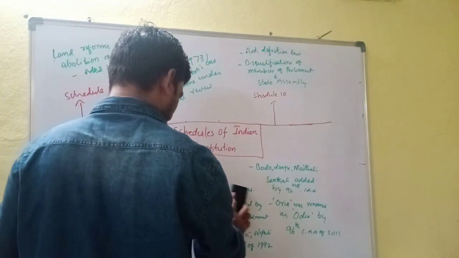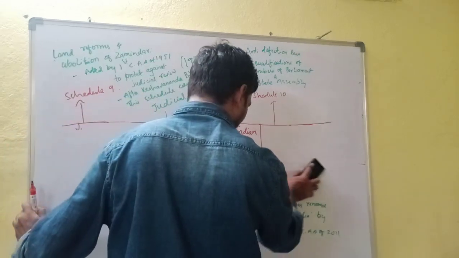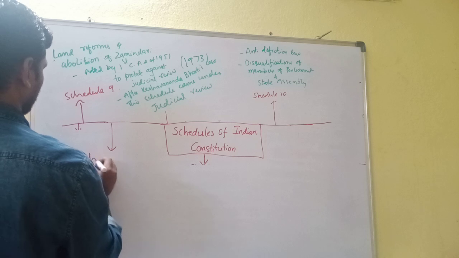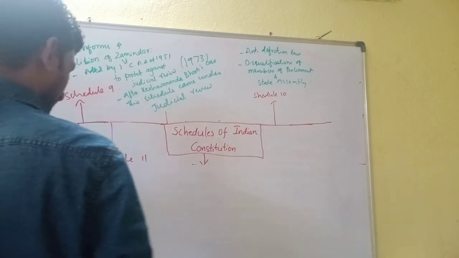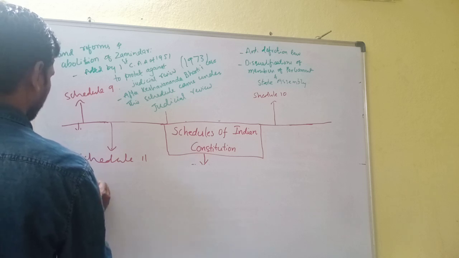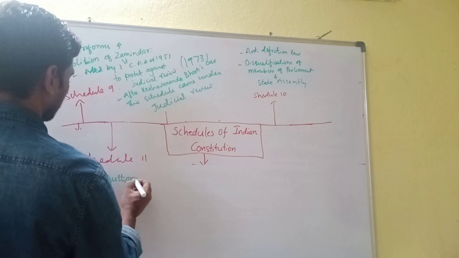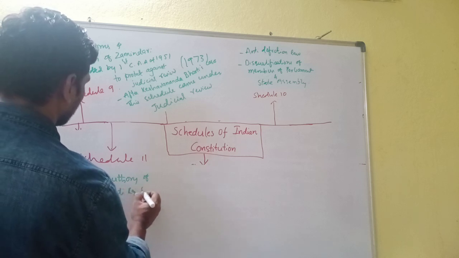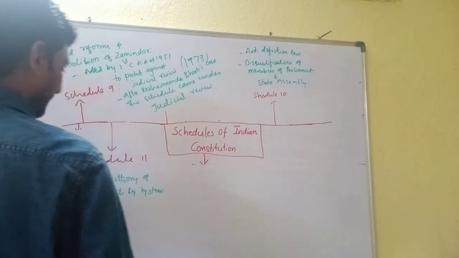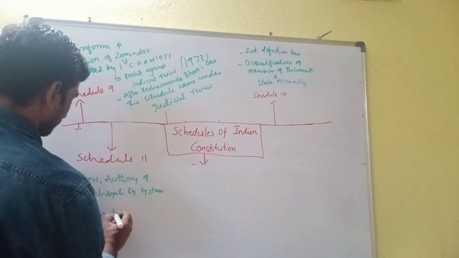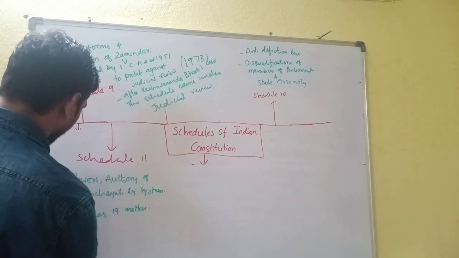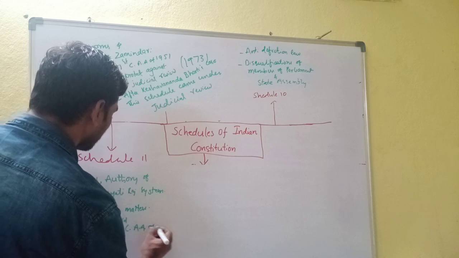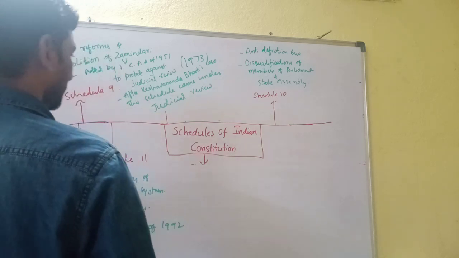It tells about the powers and authority of Panchayati Raj. It has 19 matters and was added by the 73rd Constitutional Amendment Act of 1992.